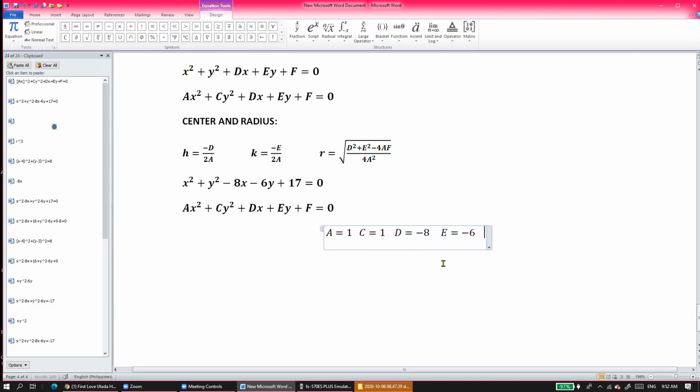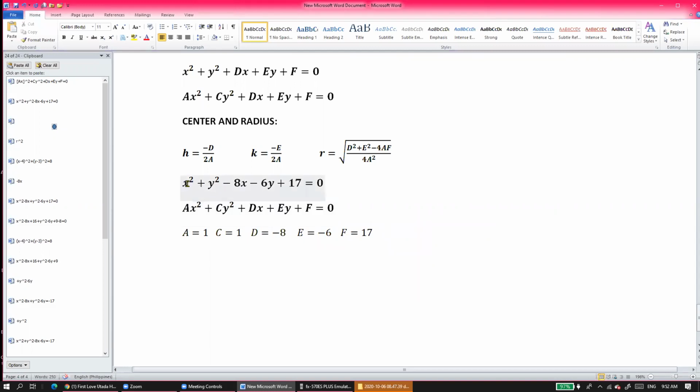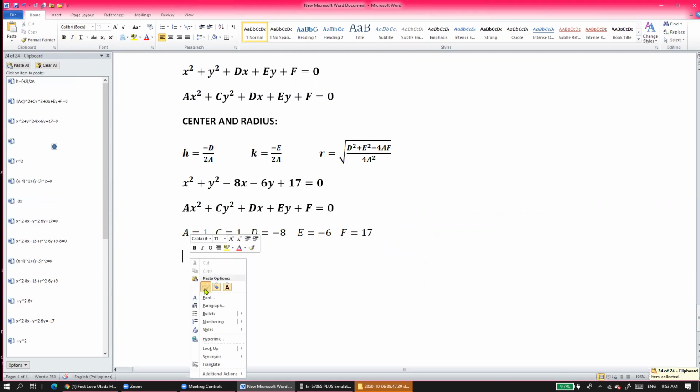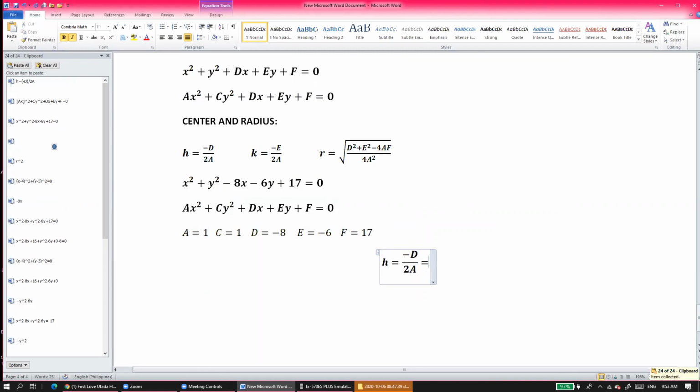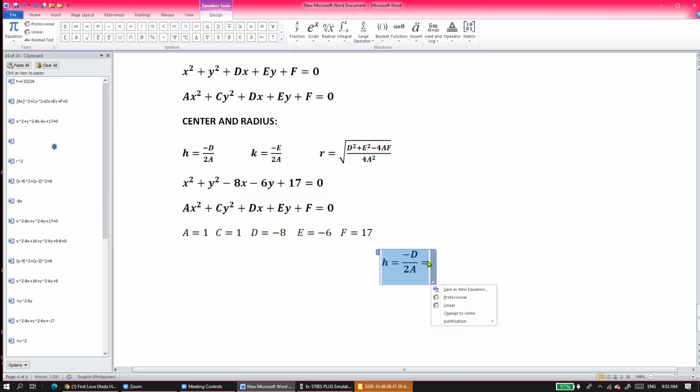And F is equal to 17 by comparison. Yan. 1, 1, negative 8, negative 6, and 17 for our A, C, D, E, and F value. Now, if I have to compute for the value of H as the abscissa of my center, yan, equal fraction.